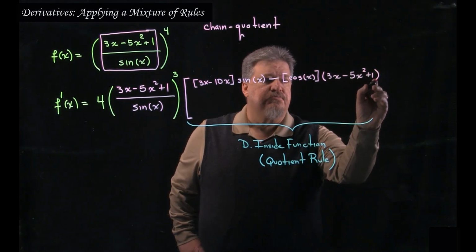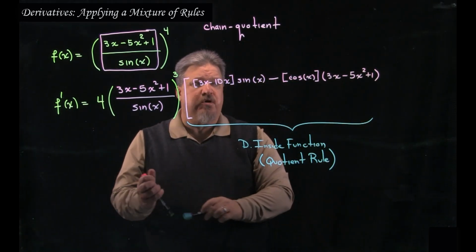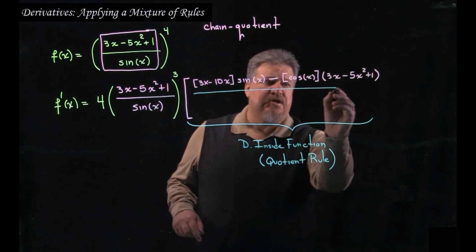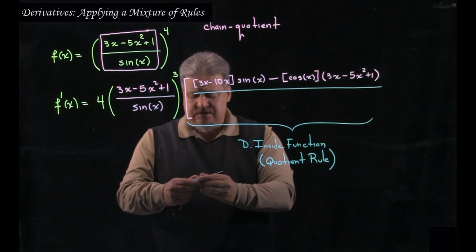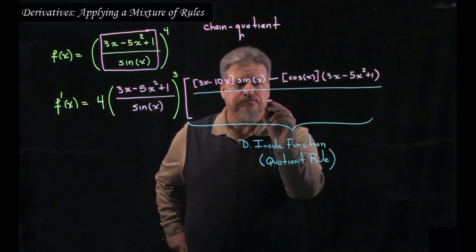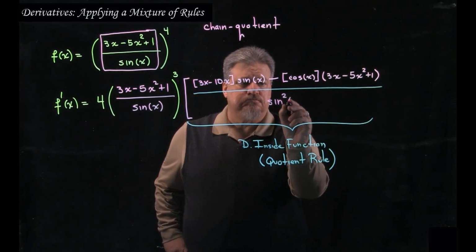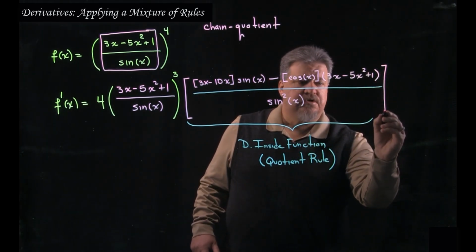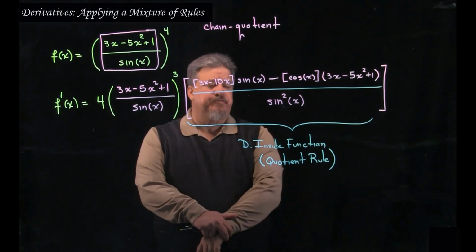Okay, now that completes the numerator part of the quotient rule. Now remember, the quotient rule, you don't forget it, we always take the denominator squared. And that's really, the derivative is complete at this time.